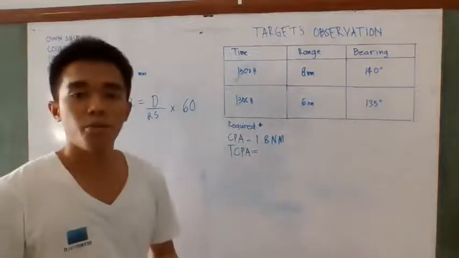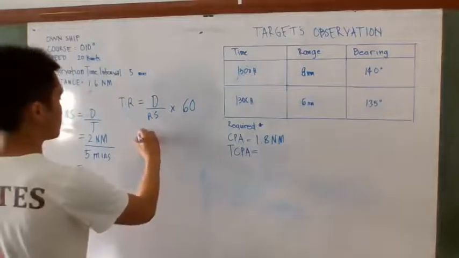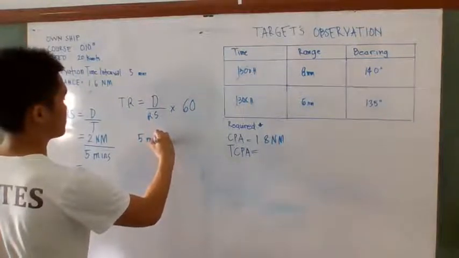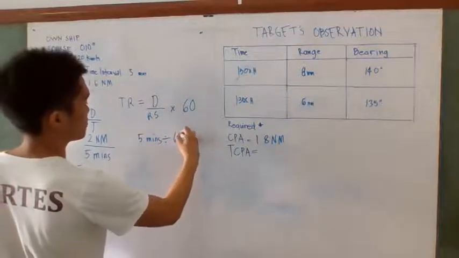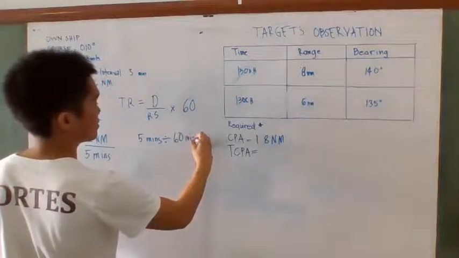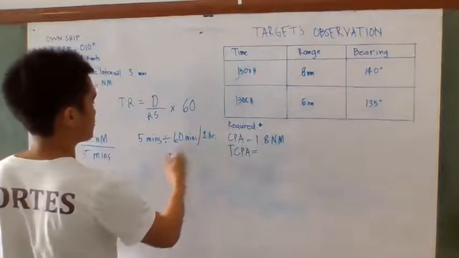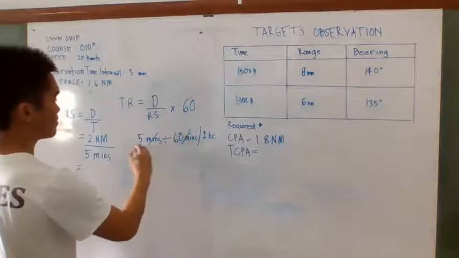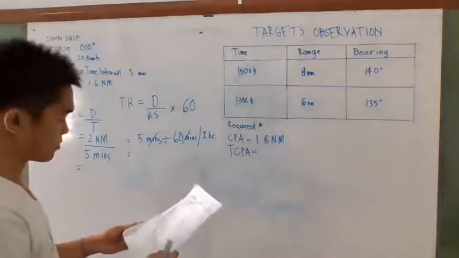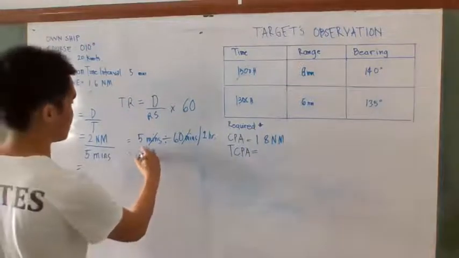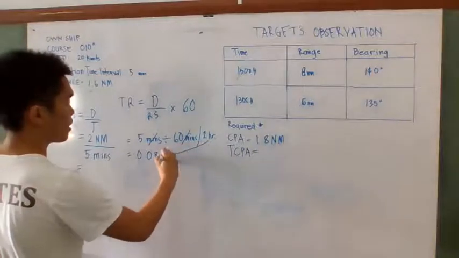Again, we will convert 5 minutes into hours. 5 minutes divided by 60 minutes over 1 hour. We cancel minutes. We will get an answer of 0.08 hours.